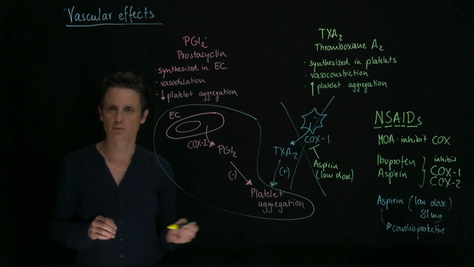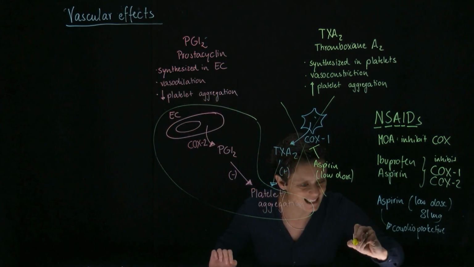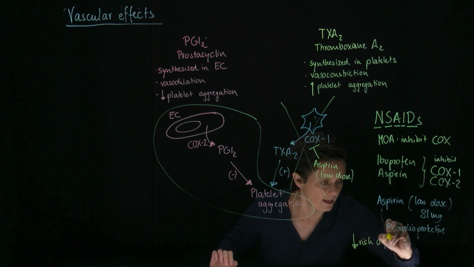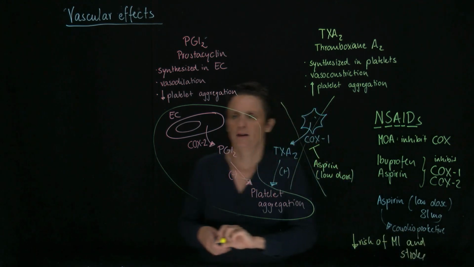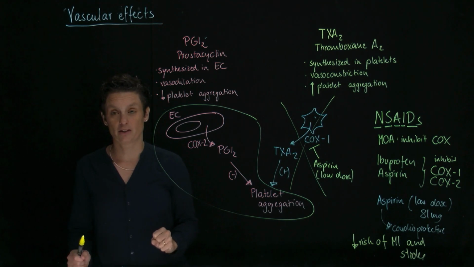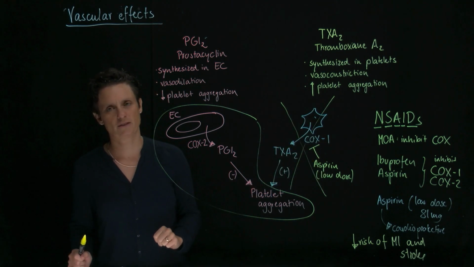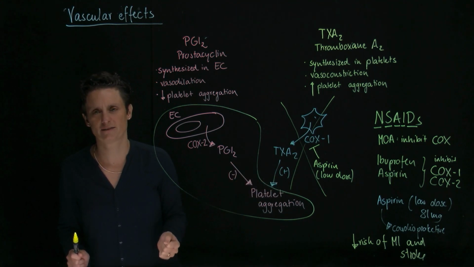So now the cardioprotective effect makes sense, because that means we're going to decrease our risk of MI and stroke, because we're going to feature the inhibition of platelet aggregation. So the platelets are not going to aggregate. We're going to have a decreased risk of MI and stroke. And that's why aspirin in low dose is called cardioprotective.